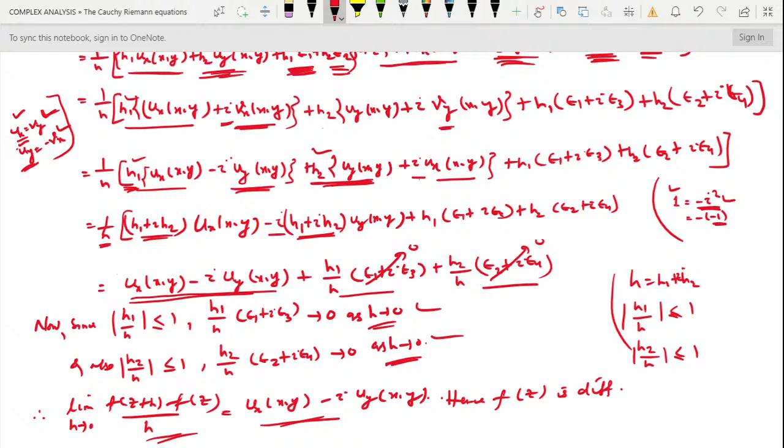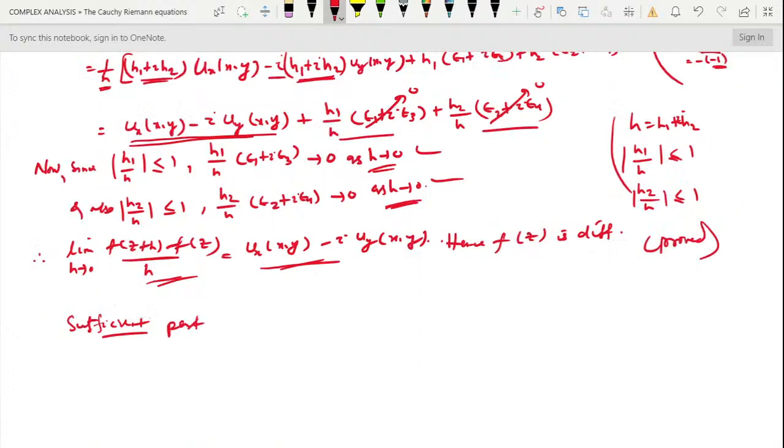So what we got in the sufficient part: previously we know when you can say f of z is differentiable at z, it will satisfy two conditions.